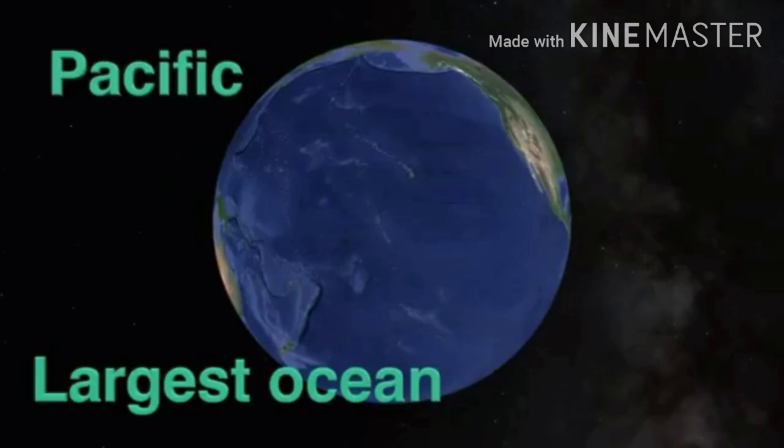Again, one more time I explain the Pacific Ocean. The Pacific Ocean is the largest ocean. It has North and South America to its east and Asia and Australia to its west. There are more than 25,000 islands in the Pacific Ocean and the International Date Line runs through the middle.